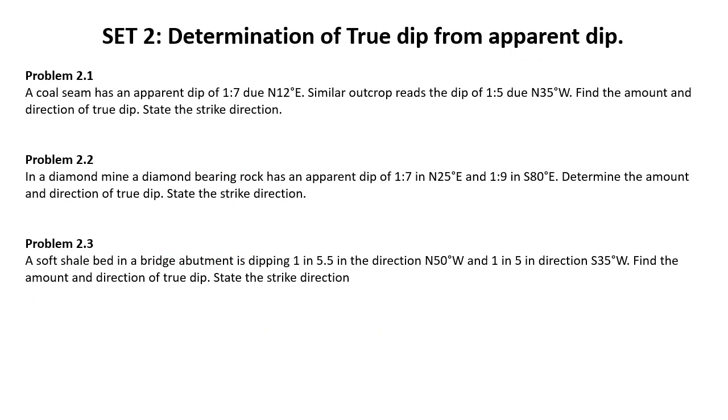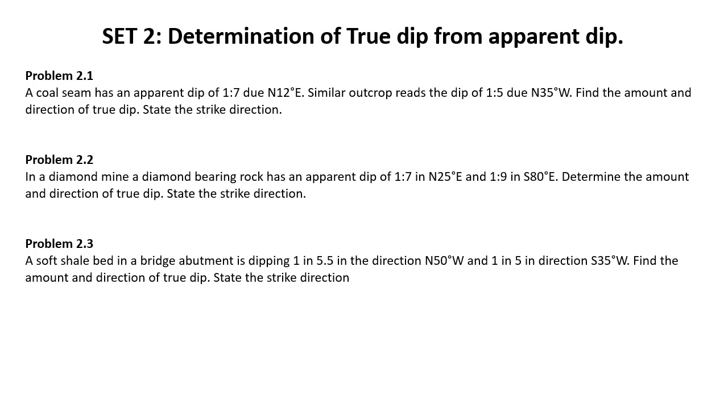Then we'll move on to set 2, that is the determination of true dip from apparent dip. In the previous set the true dip was given and we found the apparent dip amount. But in set 2 we are going to find the true dip from the apparent dip. So first, problems 2.1, 2.2, 2.3, there are 3 problems again.